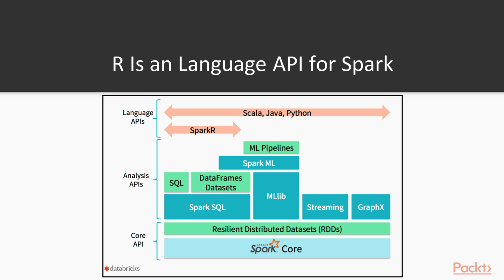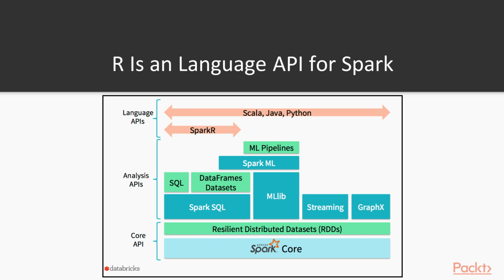So let's see what the architecture of Spark looks like. So this is the architecture of Apache Spark. We can see that at the bottom of this graph, there is a core API, and this is the Spark Core API. We have Spark Core and RDD, which is the underlying data structure for everything that goes on top of it.